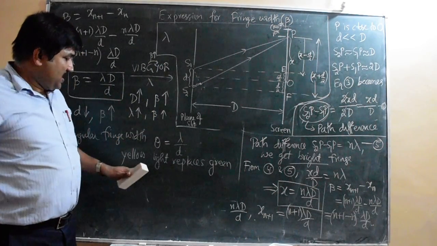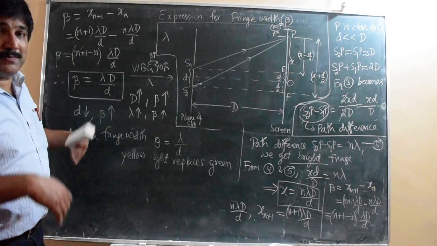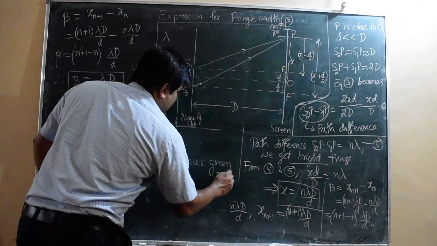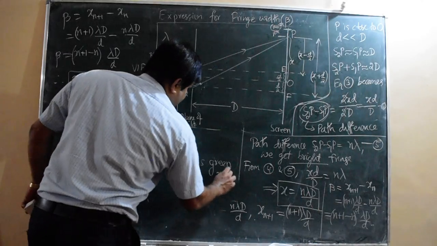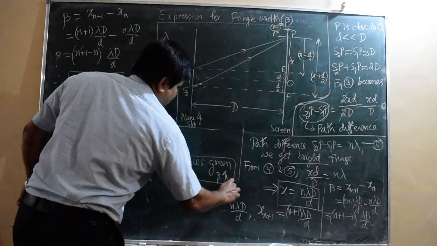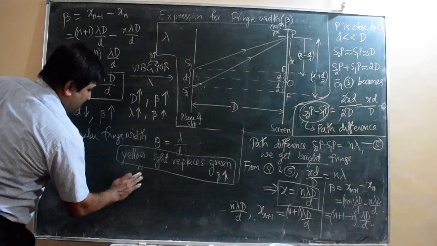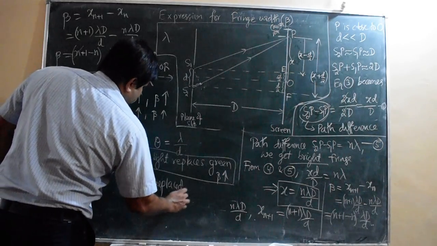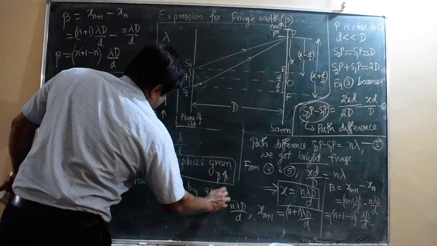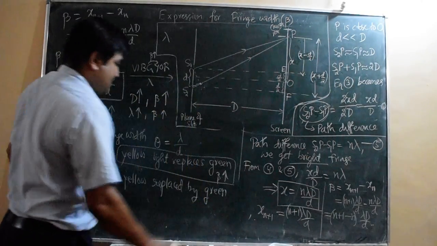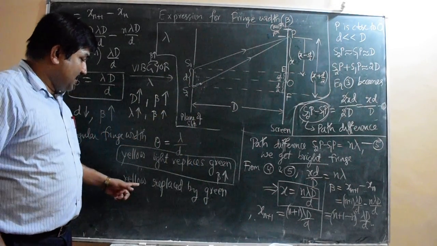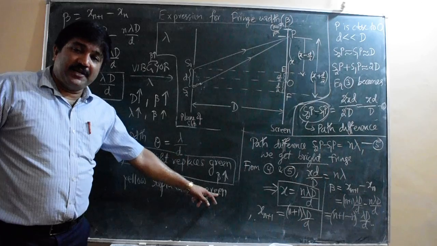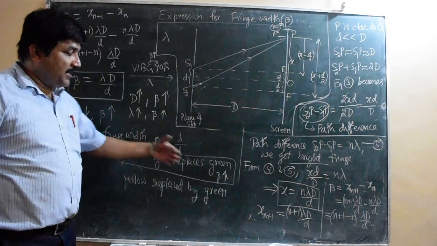If you reverse it, see the wording. Yellow light replaces green light, beta increases. Now a small change: yellow replaced by green. Yellow light is replaced by green light means initially yellow light is used and now we change into green light.